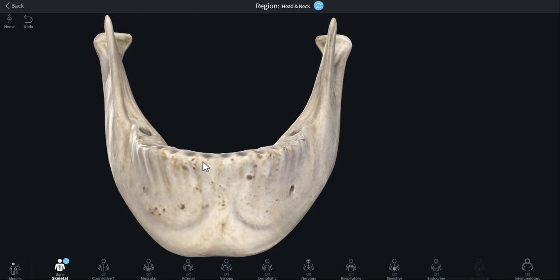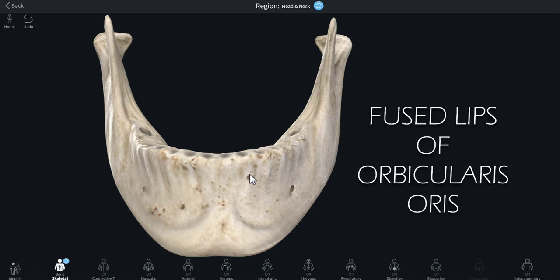Why is this knowledge necessary? This knowledge is necessary because this part of the incisors, that is the incisive fossa here, will also provide attachment to two muscles. What are they? First is the fused lips of orbicularis oris.